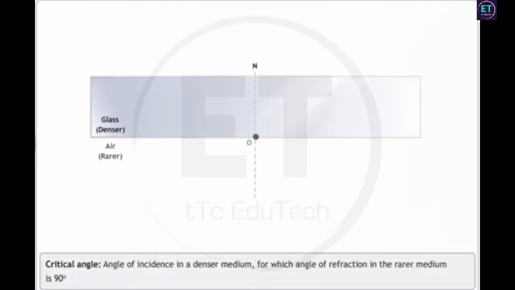Now let's consider a case where a light ray passes from a denser medium to a rarer medium and bends away from the normal. If the angle of incidence i in the denser medium is increased, then at a particular angle of incidence, the refracted ray propagates along the boundary of the two media.